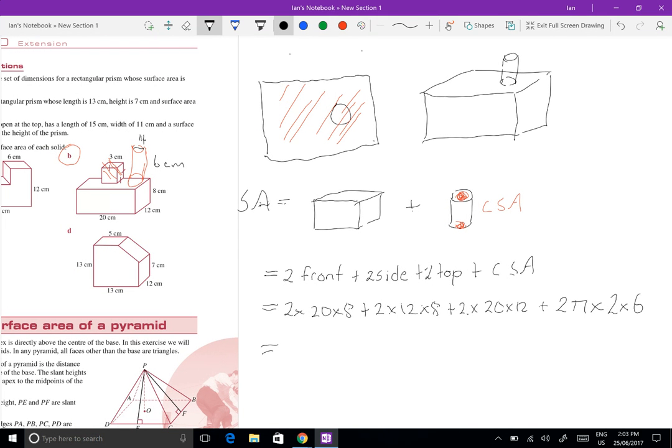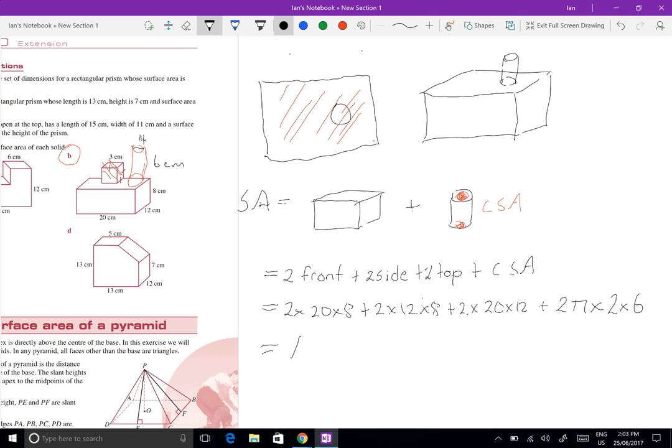And now I just plug it all into my calculator. So 2 times 20 times 8 plus 2 times 12 times 8 plus 2 times 20 times 12 plus 2 times pi times 2 times 6.